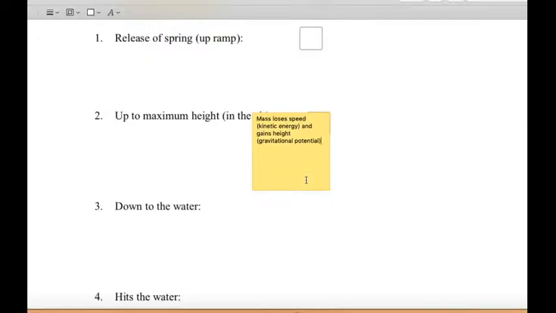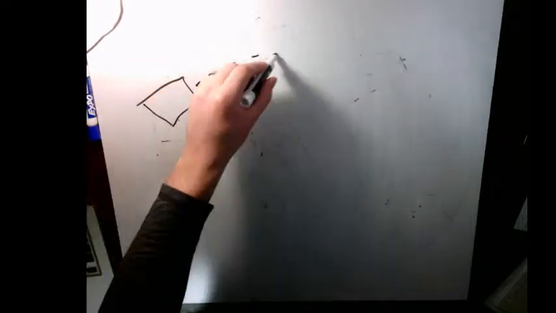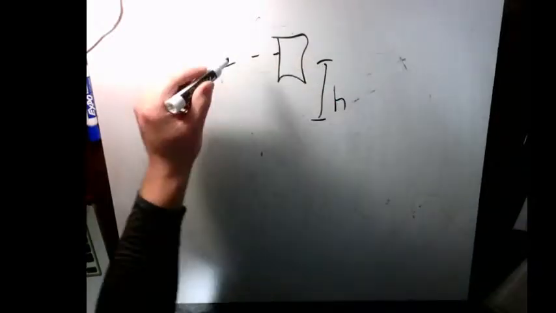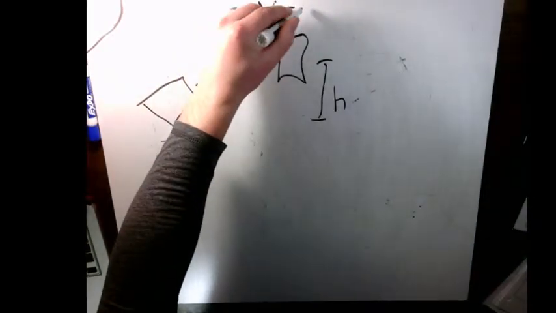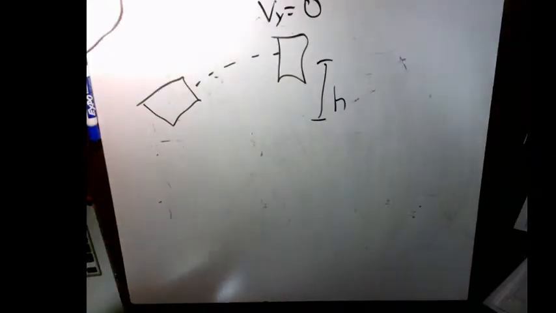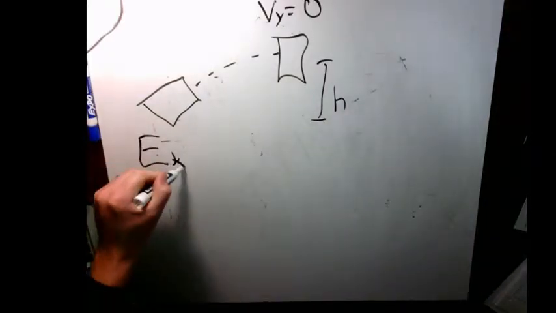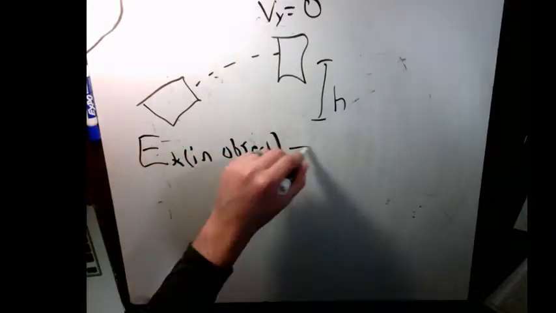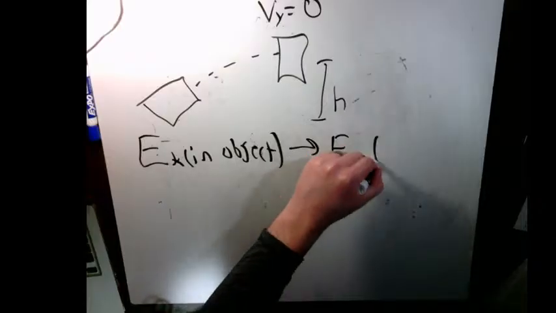Okay, so if we look at that again on the whiteboard, which I just have to erase, right, we're going in the air upwards to reach this max height, right? So we're gaining height, but our speed in the y direction is 0. So we're having this Ek in our object, kinetic energy in the object, turning into our gravitational potential energy in the object.